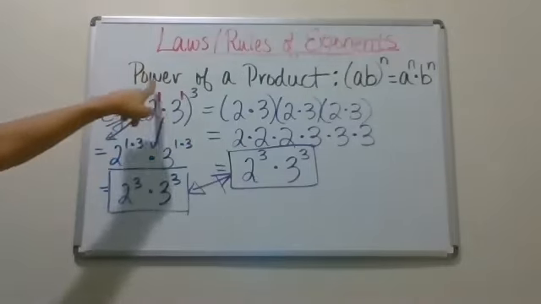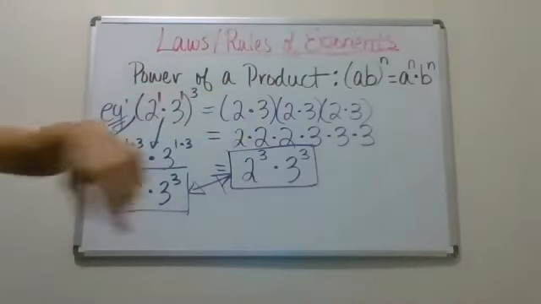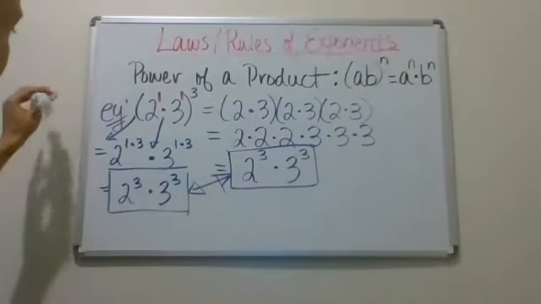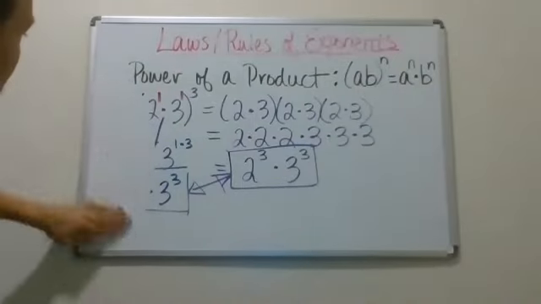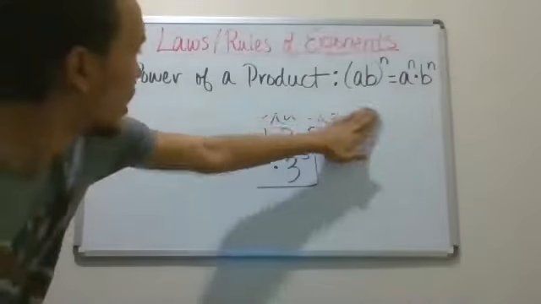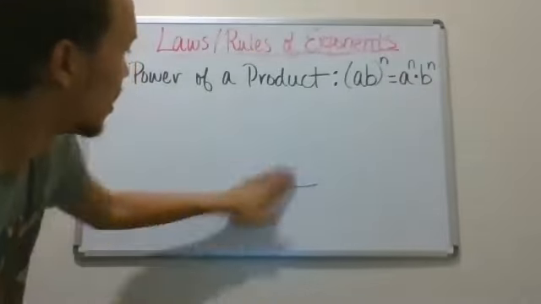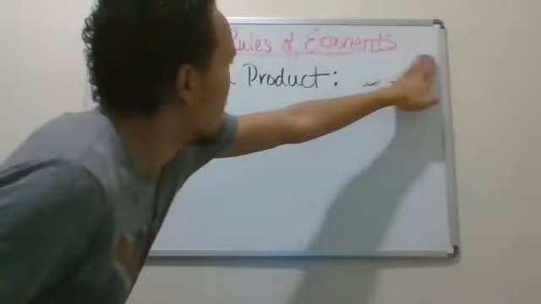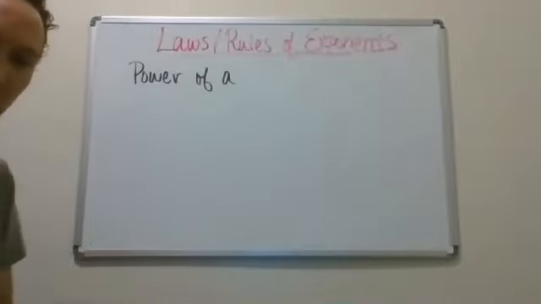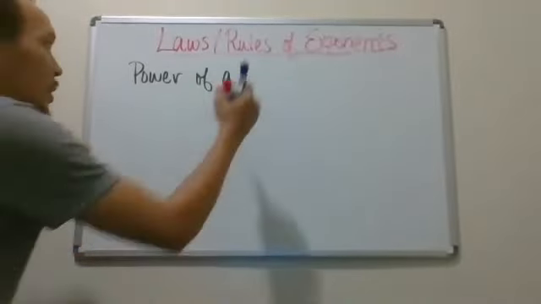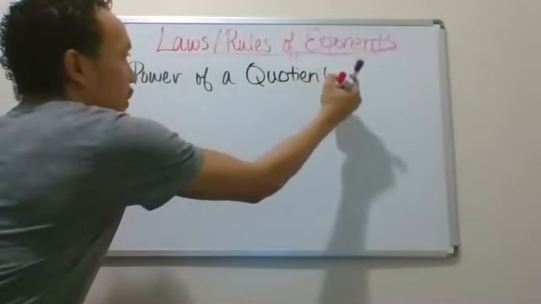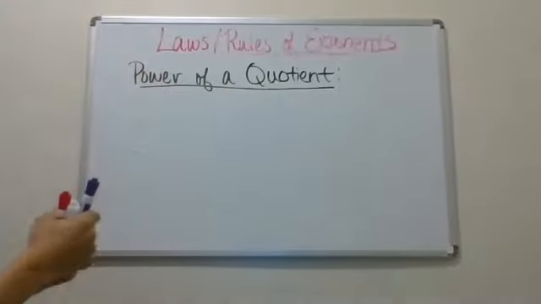So just how we have power of a product, we also have power of a quotient. All right. We have power of a quotient.